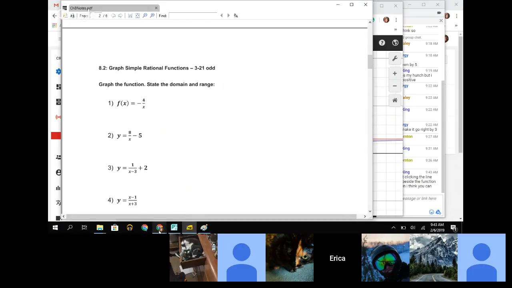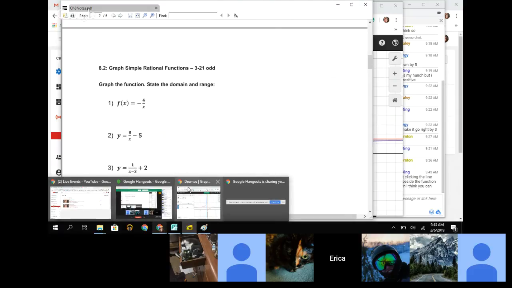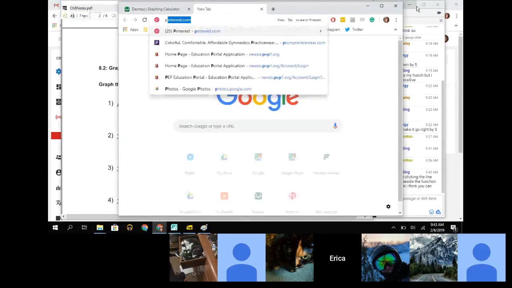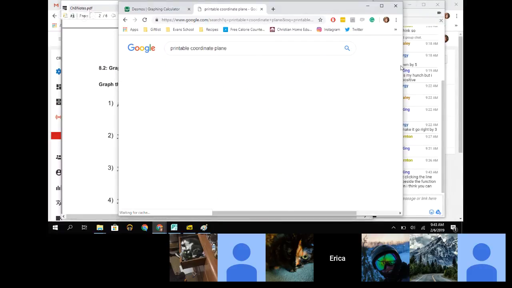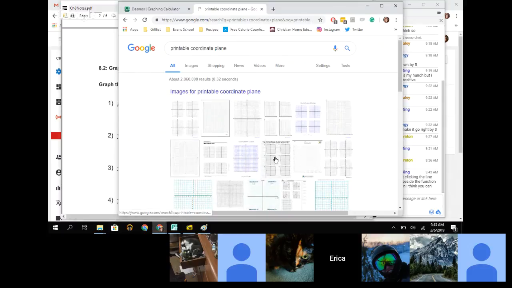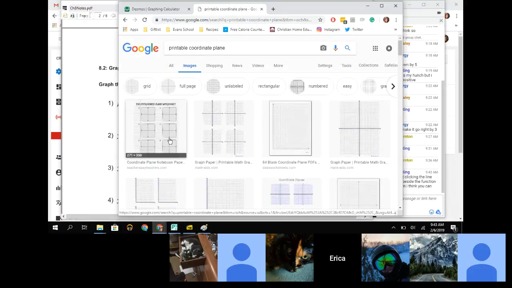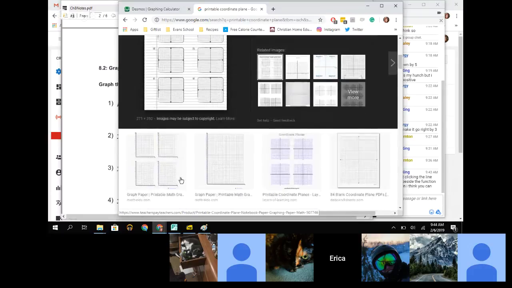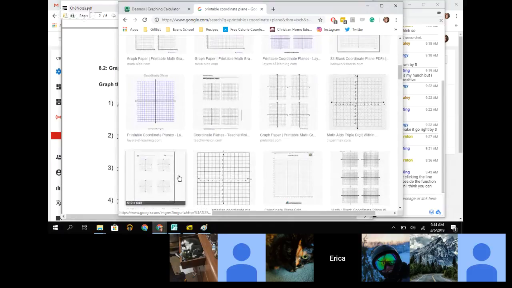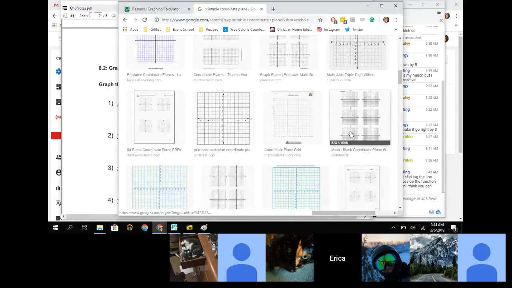If you just search printable coordinate planes, you can do 4 on a page, there's 6 on a page. So you can print any of these off, and then you're not drawing your graph over and over again.